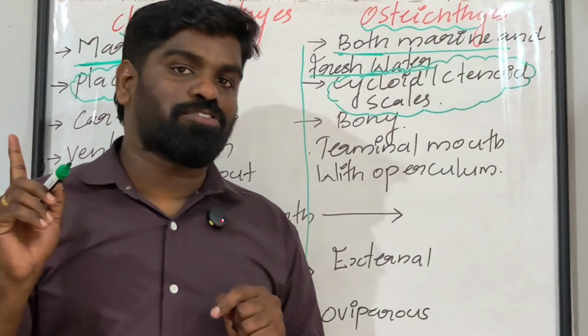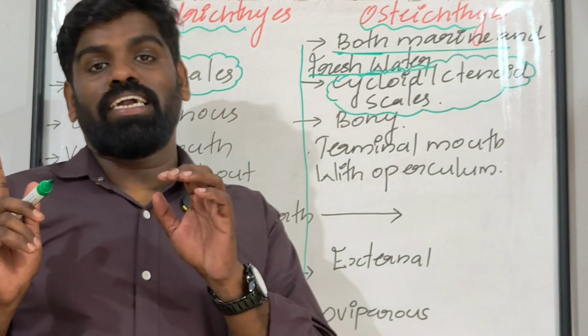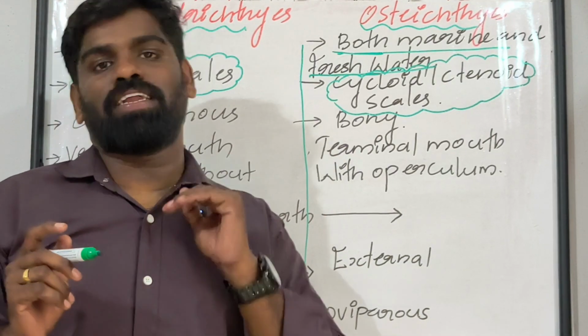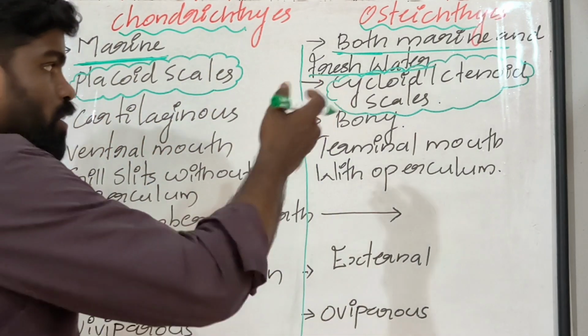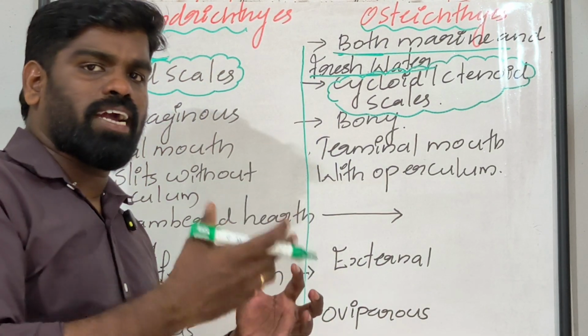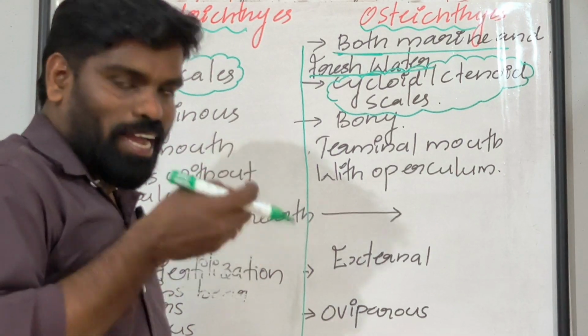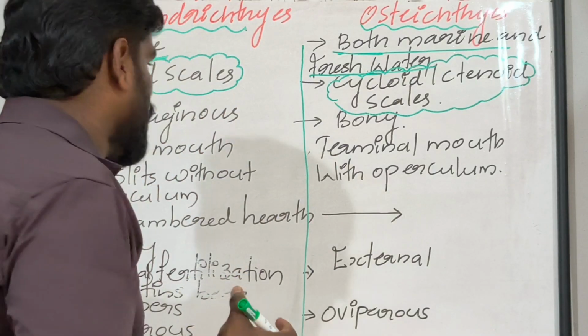So what about cyclostomes? Cyclostomes are devoid of scales. Scales are absent, and paired fins are also absent. That we have already studied. So whenever you are going through the other characters, just compare the characters with other classes or other phyla also. Then you can boost your knowledge if you do like this.